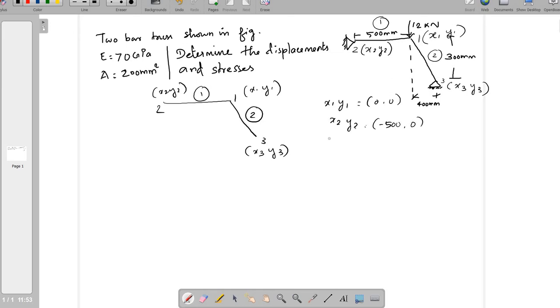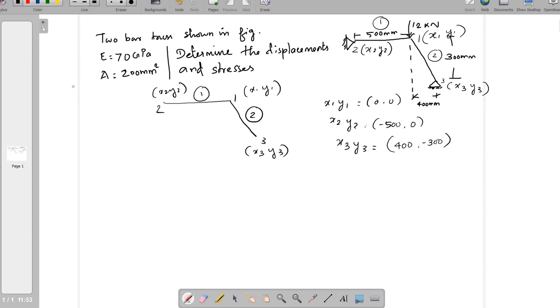So it is 0. Next one x3, y3. The third node is in the positive x direction. So plus 400. And in the y direction it is in negative coordinate. So minus 300. So we have completed the coordinate system.